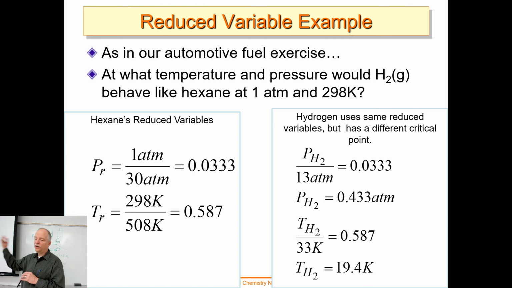And then now we take those same reduced variables and apply them to hydrogen. And then we put in the hydrogen's critical values, and then we solve for the actual. So hydrogen's actual pressure would have to be 0.4 atmospheres and 19 Kelvin. But if you were able to live in a world that was 0.4 atmospheres and 19 Kelvin, you could fill your tank with hydrogen, liquid hydrogen, just like hexane.